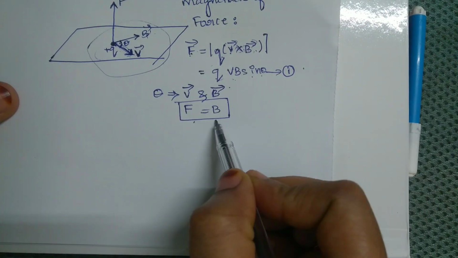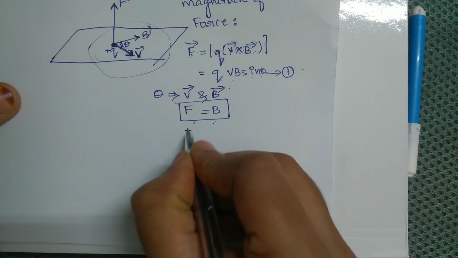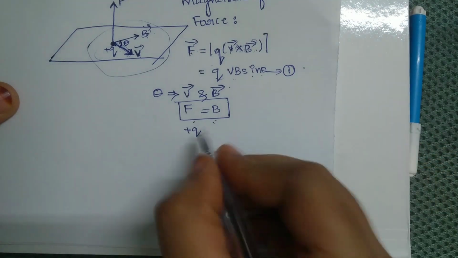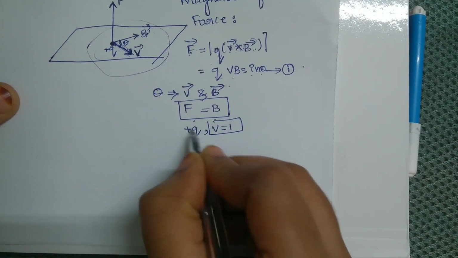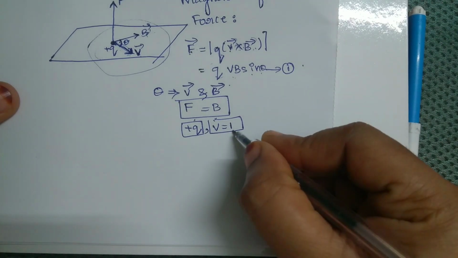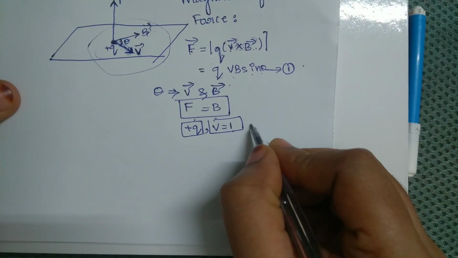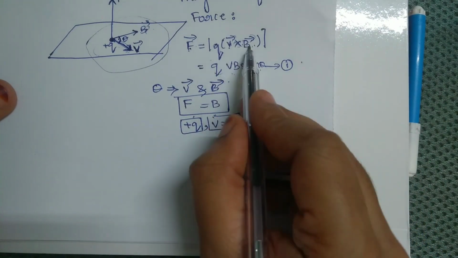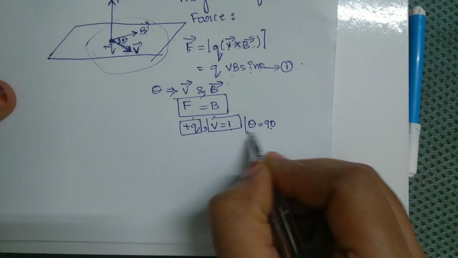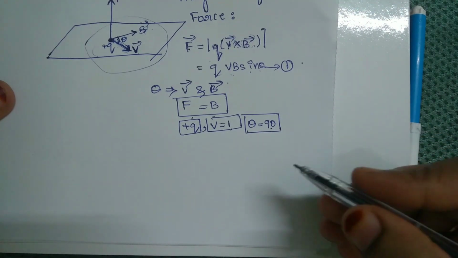Force is equal to the magnetic field when we have a positive unit charge which is moving with a unit velocity, and perpendicular, that is, the angle between B and v is 90 degrees. That means it is moving perpendicular.